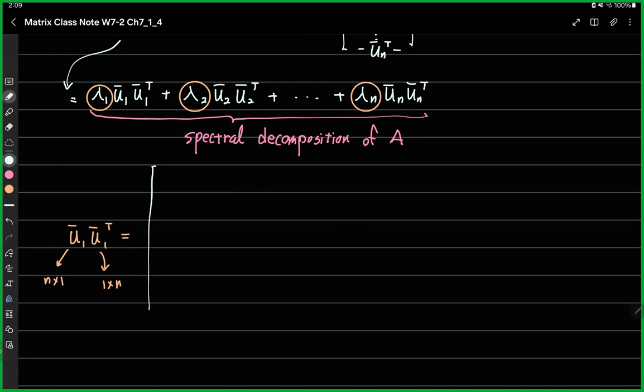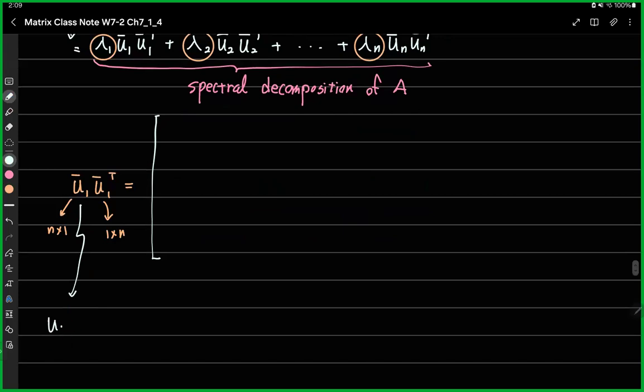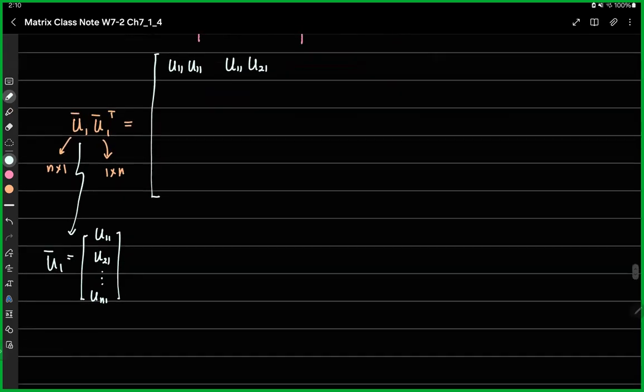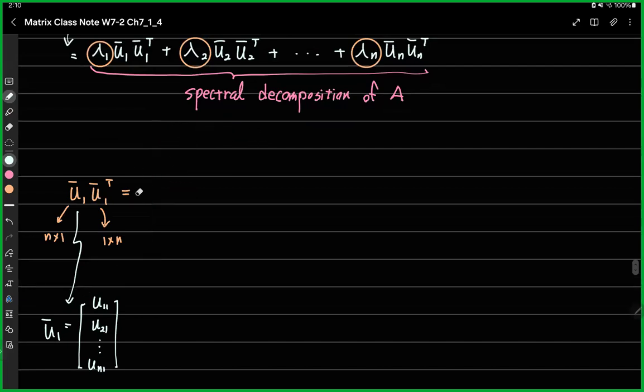Let's say U1 is U11, U21, through UN1. Then U1 times U1 transpose is going to be this column times the row U11, U21 through UN1.